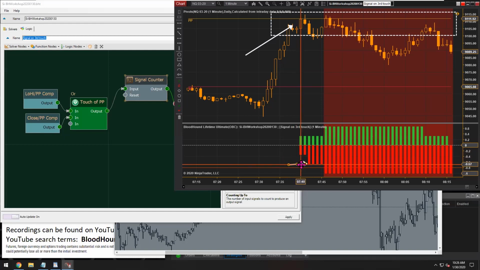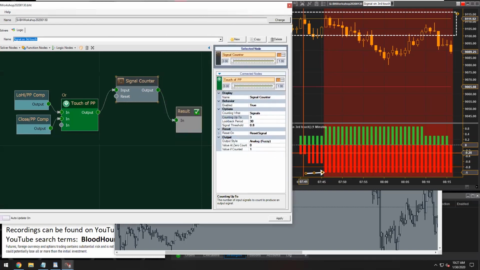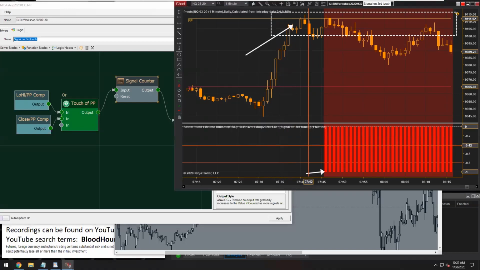When we get the second touch down here, we get 2/3, or 0.66. And when we get to the third touch, now we get 100% output. If you want to see that analog output, you can, but most people just want to look at it digital. Either we have 3 touches or we don't.